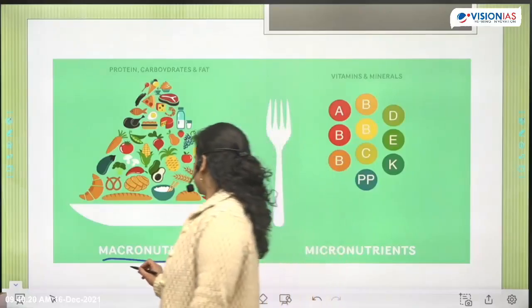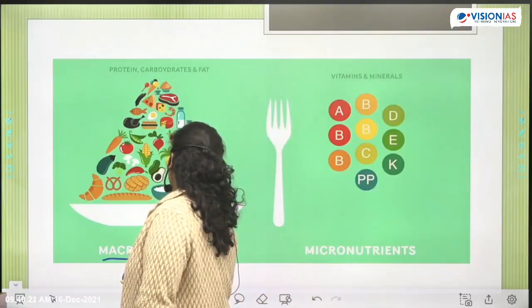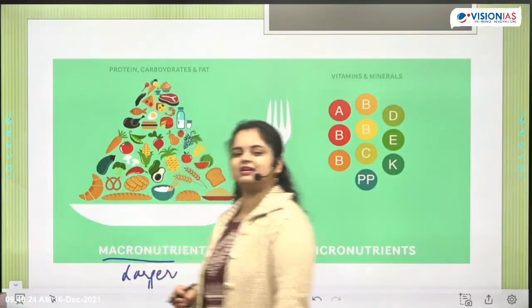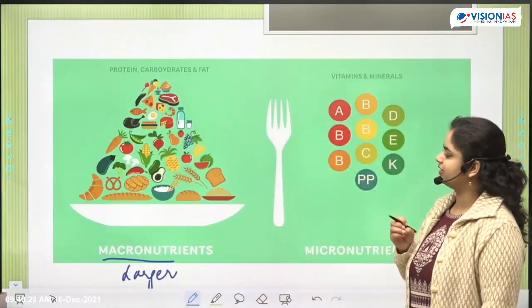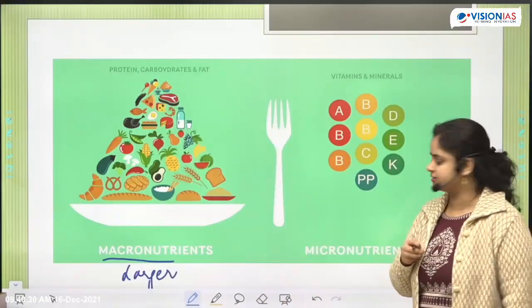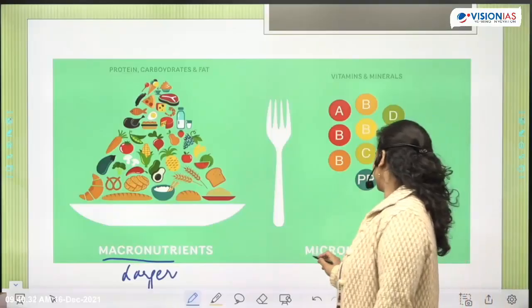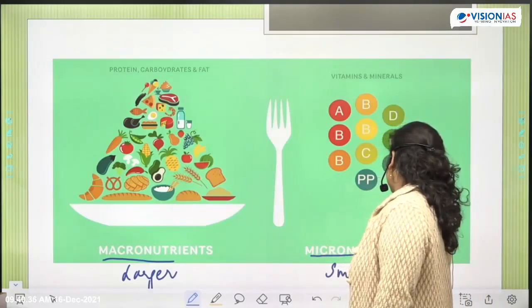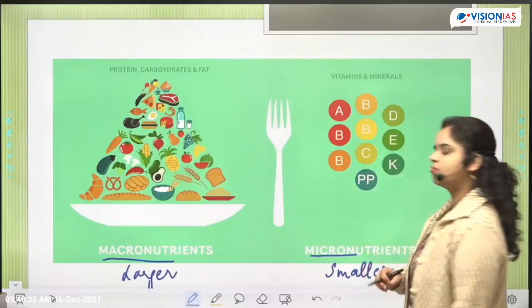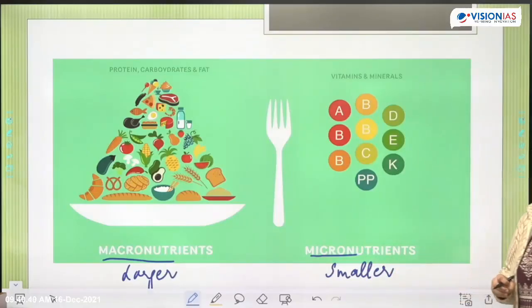Macro would mean larger, those things which we need in a larger amount, like proteins, carbohydrates and fats. And then micronutrients, those which are needed in a smaller amount, like vitamins and minerals.